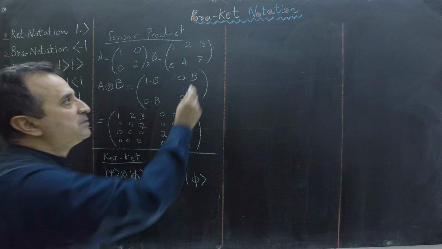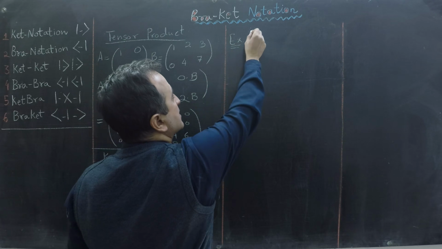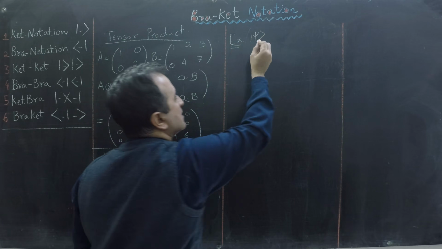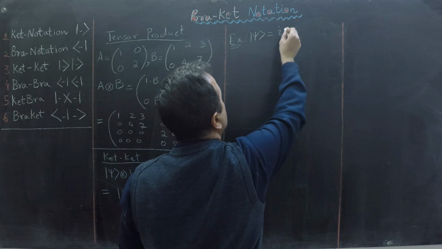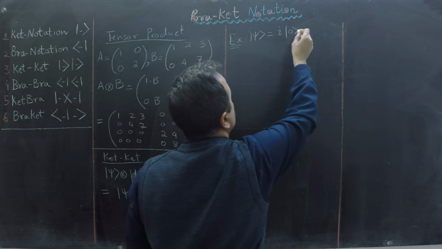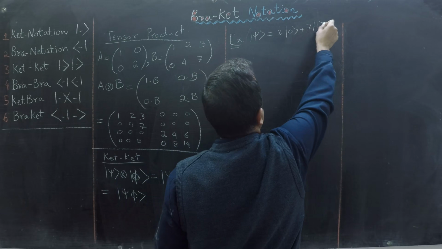So let's do an example. My ket psi is equal to iota ket 0 plus 7 ket 1.